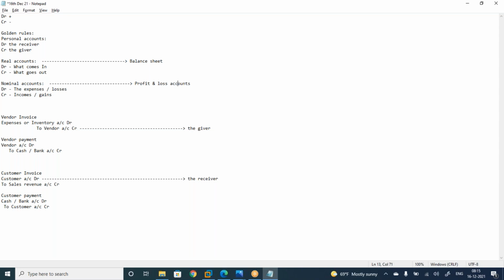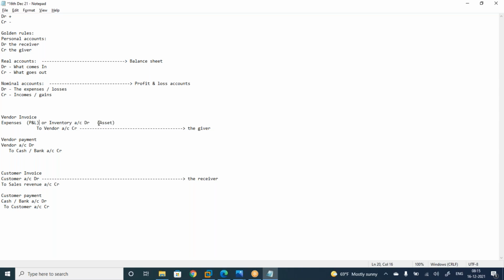Okay, agree? Any doubt? Now, if you are making inventory, it is an asset. If it is expenses, it is a loss, or this is P&L.